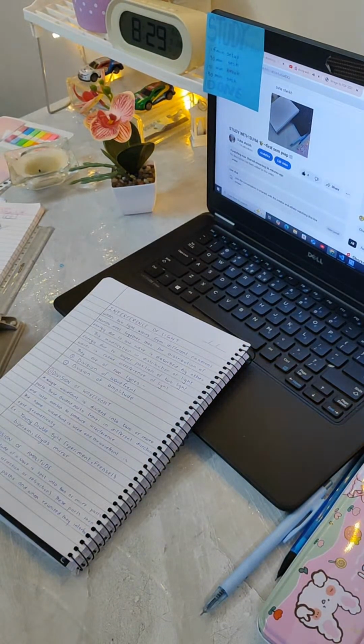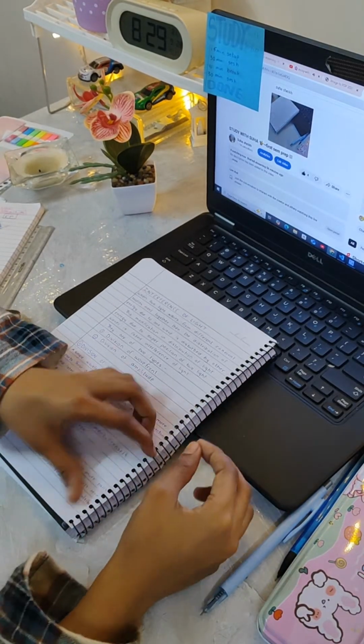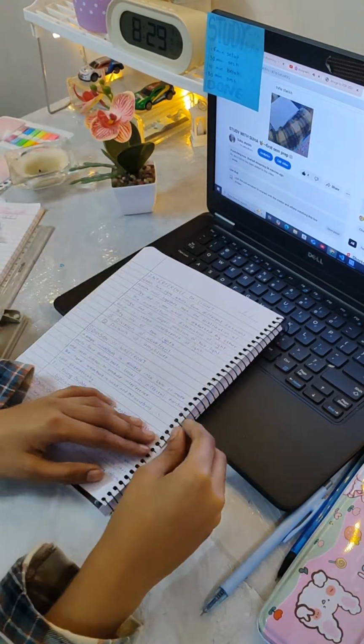This better work because of the effort I'm putting into it. Okay, it's moment of truth. You're gonna take this and put it in.